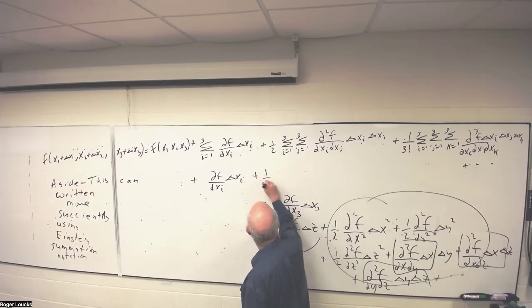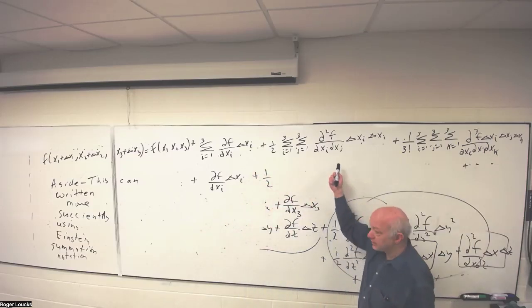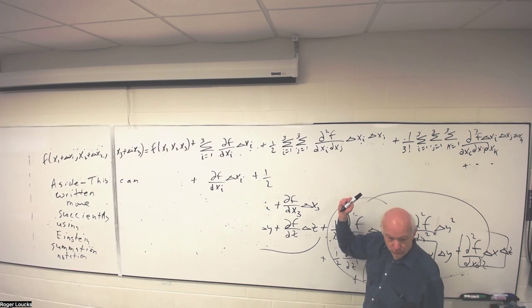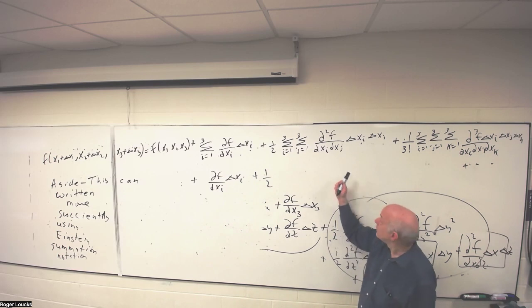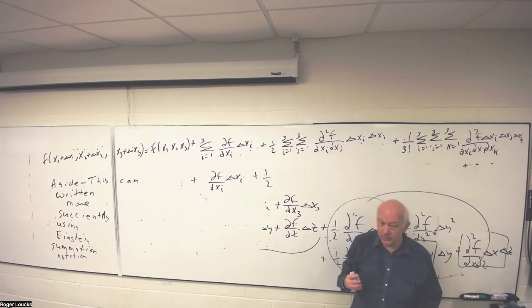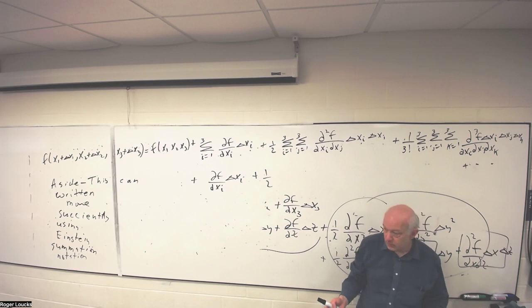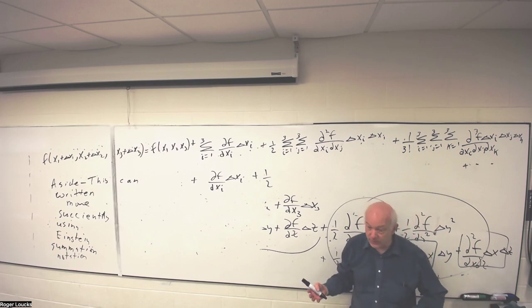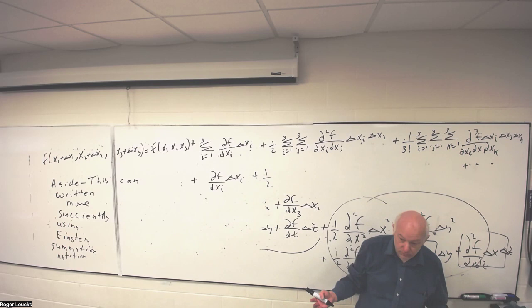Look over here. How many indices do you have being repeated? Two. You have things being multiplied, so I have an i here and also a j. The fact that I'm summing on an i implies a sum over 1 to 3, and the fact that I have j's being multiplied means a sum on j.